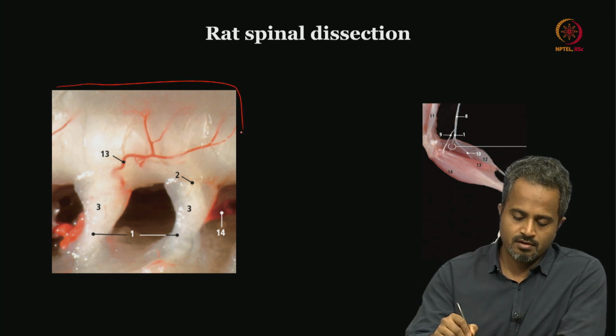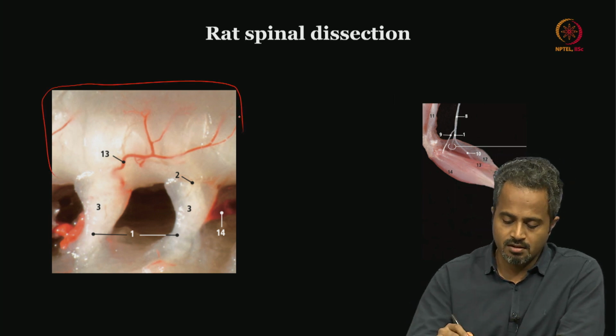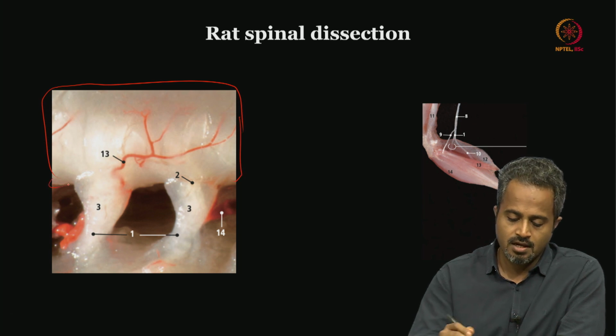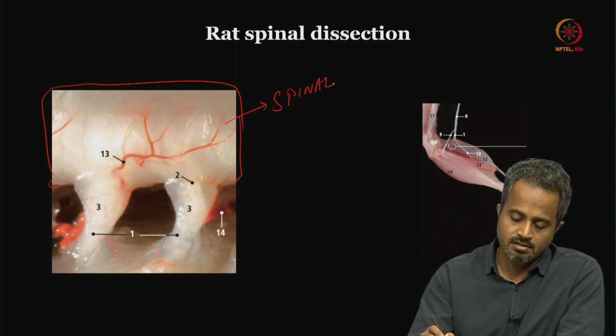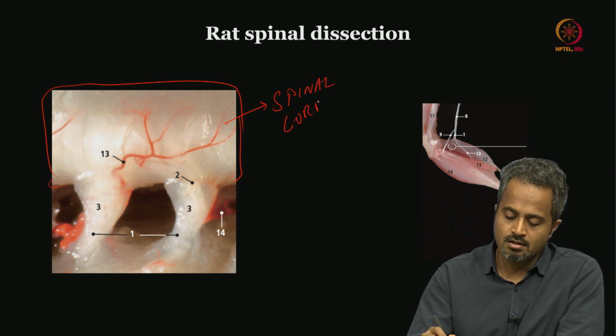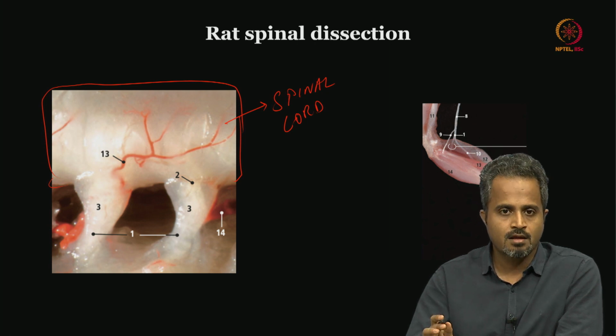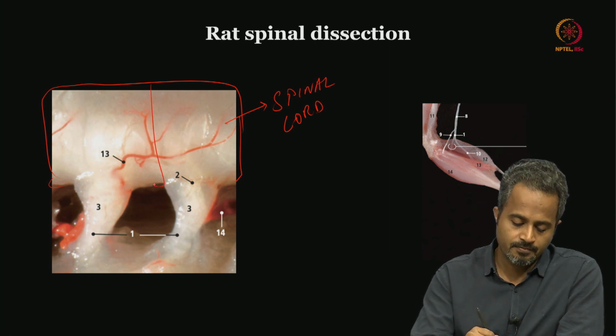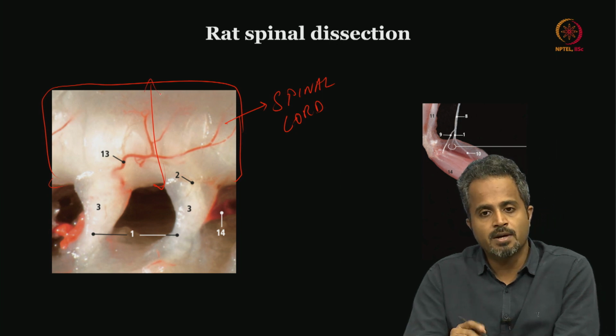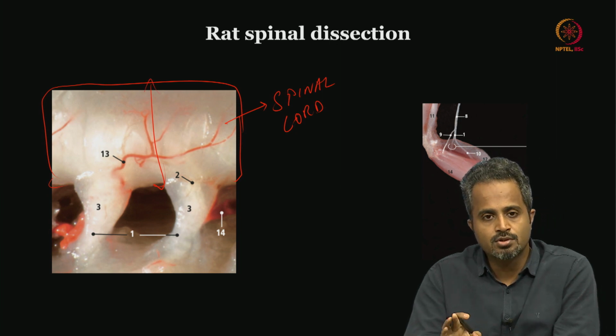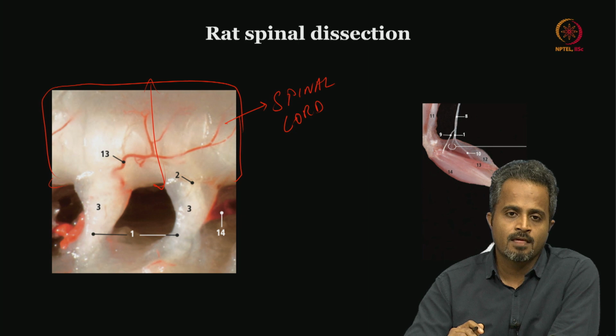This is where we were, alright. We removed the bony structure, and this is the spinal cord, which is the major neural conduit structure coming from the brain with all the information. Any cut here will leave the person paraplegic. He or she will not be able to move the limbs, and in a rodent both the hind limbs will become paralyzed, alright.